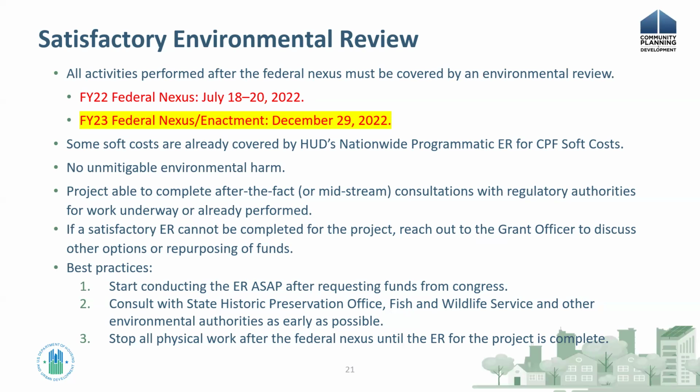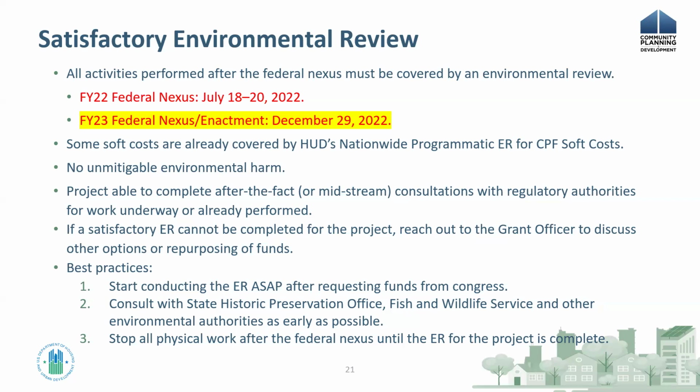If a satisfactory environmental review cannot be completed for the project for any reason, the grantee will need to reach out to their grant officer to discuss any options such as repurposing of funds, usually repurposing the funds towards soft costs.